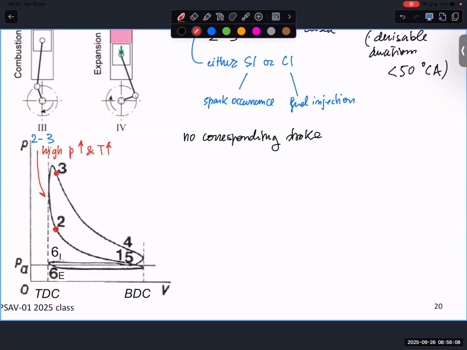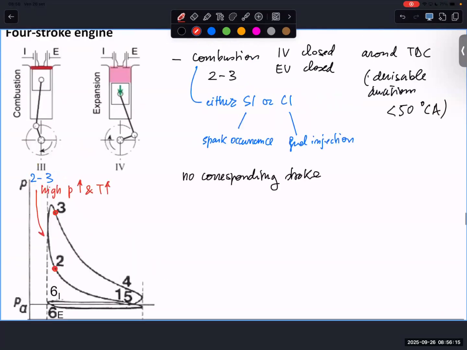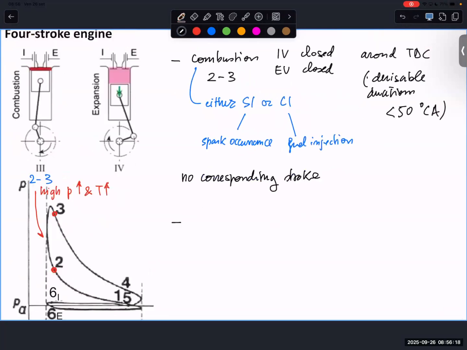Why do we want a high pressure? To use the next phase, that is expansion.